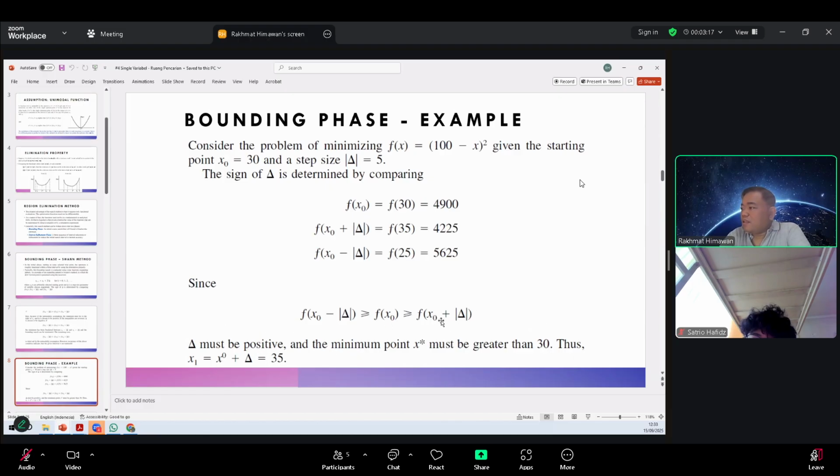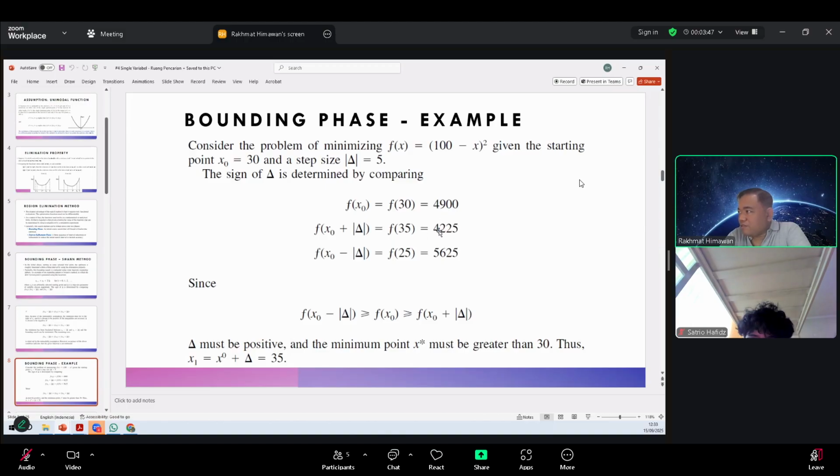That means we will choose the sigma that is positive. We're going to choose this one, not this one. We want to go to the lower point. That means the minimum point x star must be greater than 30. So if x0 is 30, the x star must be greater than 30, because the greater it is, the lower the value.